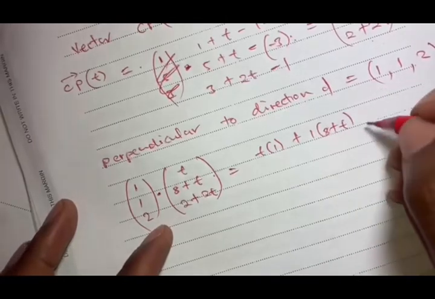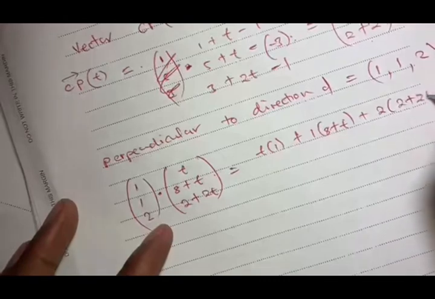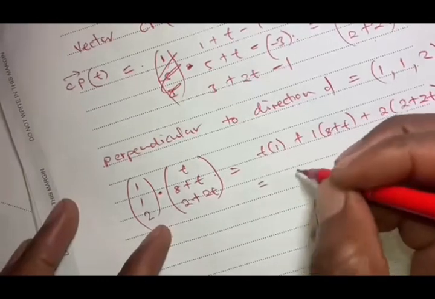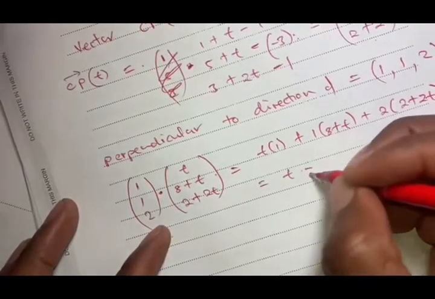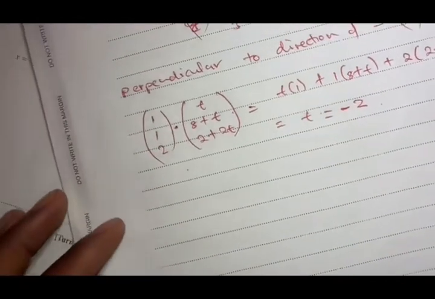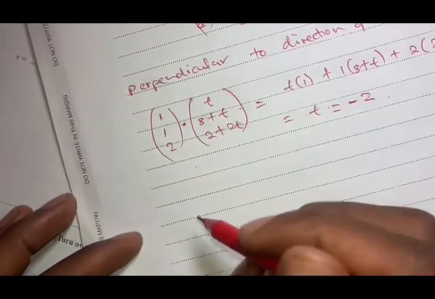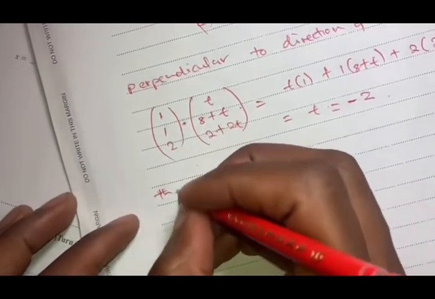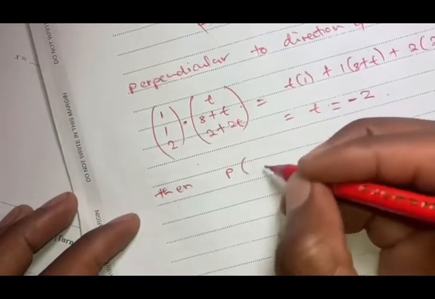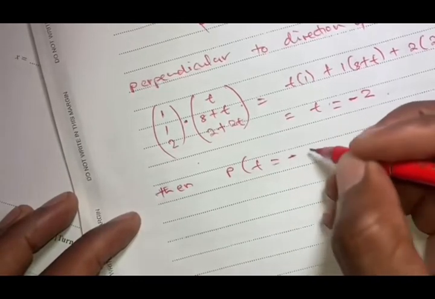If I simplify this, I would get p is equivalent to negative 2. So p is equal to negative 2.